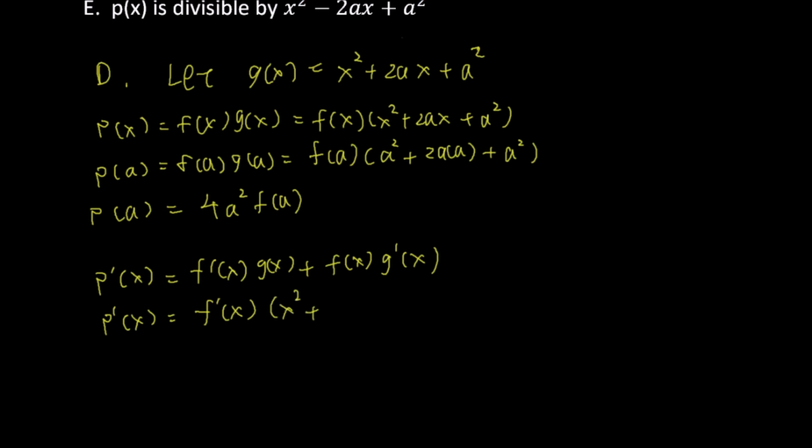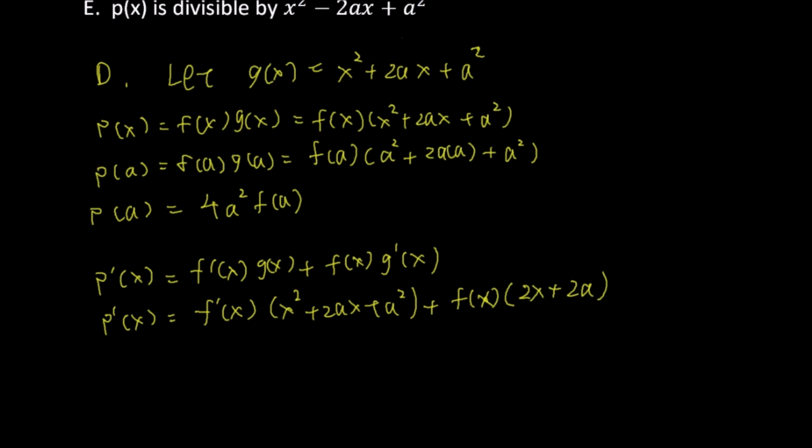X squared plus 2ax plus a squared. Now plus f(x), as we don't know what it is. Okay, we know g(x), so what's g prime(x)? It's the derivative of x squared, so basically it will be 2x, plus derivative of 2ax, so it's 2a. Derivative of a squared is 0 because a is a constant.